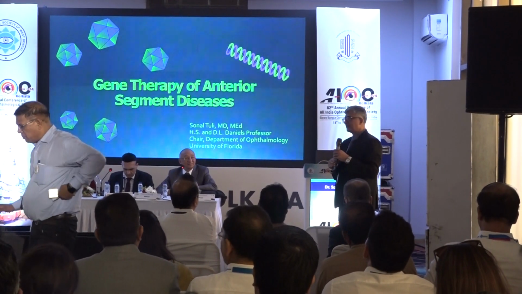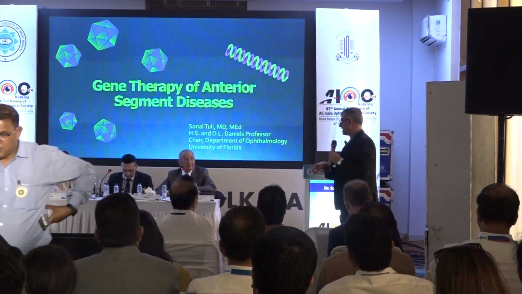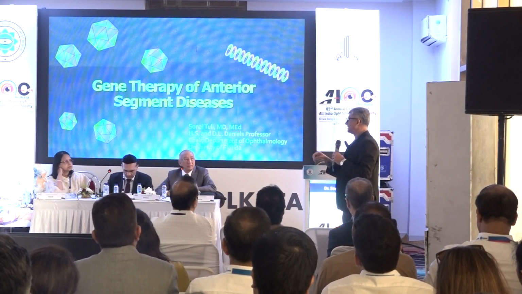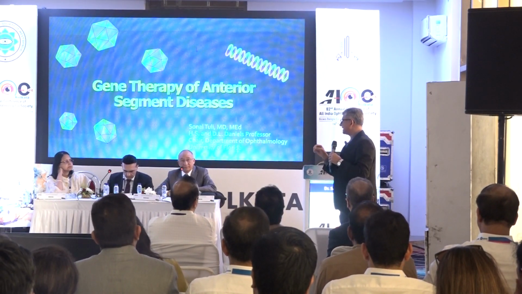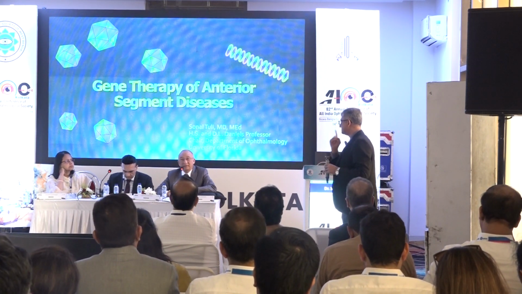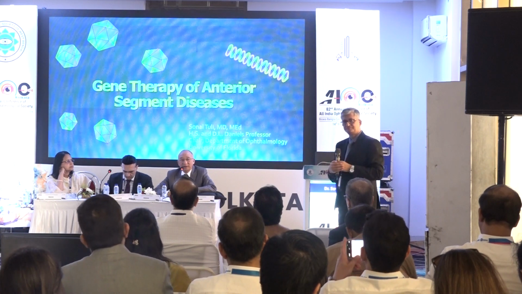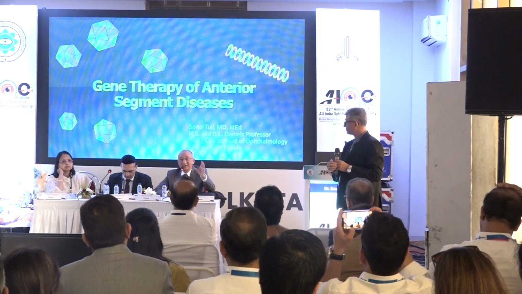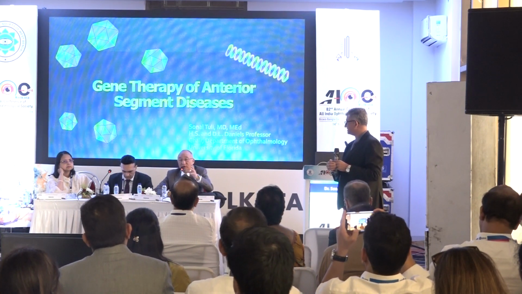I am very sure that in India, the way water bodies are, these cases must be there. It's only the lack of awareness that is causing under-reporting of these cases. I think that is a point to be highlighted. We are not actually looking for those atypical microorganisms in our corneal ulcers.